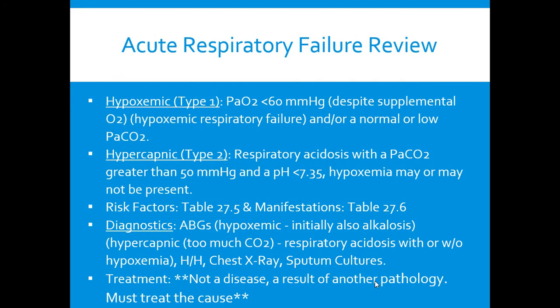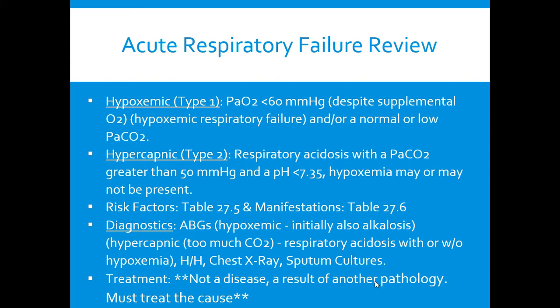So let's do a little review of acute respiratory failure. Remember, acute respiratory failure occurs when one or both of the gas exchange functions of the lungs are compromised. Those functions are oxygenation and ventilation, which is our CO2 removal.